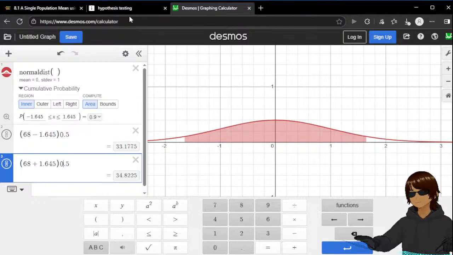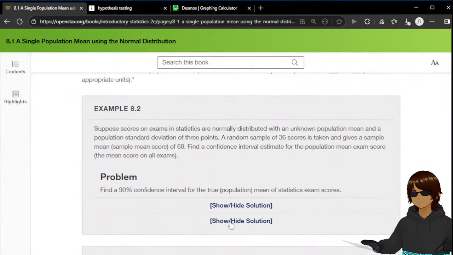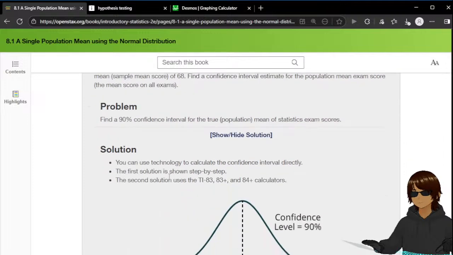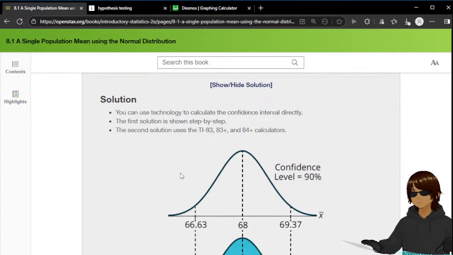If I divide it by half, I'm multiplying it by 2, right? Minus 1.645, 1.645.